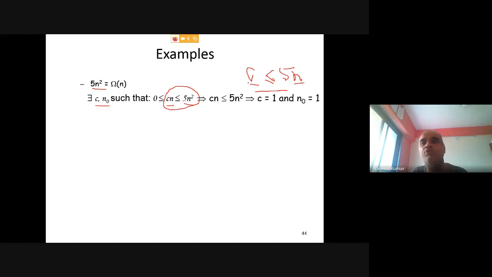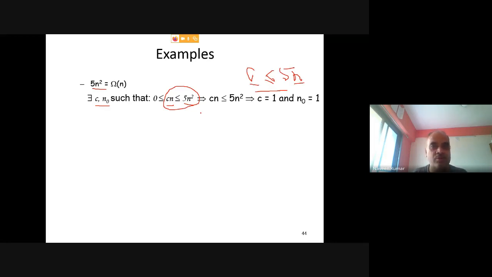You can also choose 2 as c, then n0 will still be 1. For c equal to 2 and n0 equal to 1, this inequality is also correct. So some students can give c equal to 2 and n0 equal to 1. It doesn't matter. But choose the constant values as small as possible.